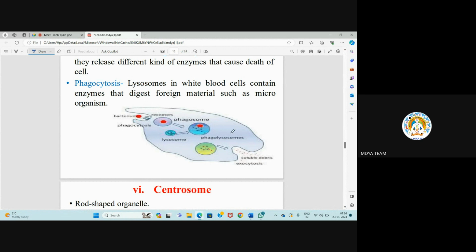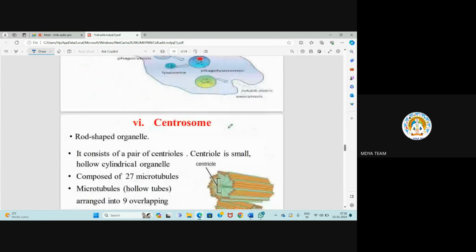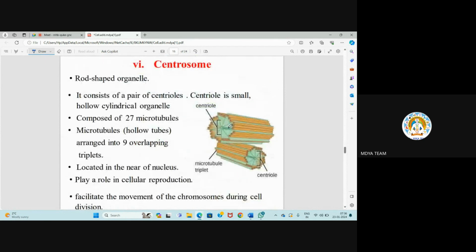So this is the process known as phagocytosis, and this happens inside white blood cells when foreign material comes in our body. Okay. Any doubt, any question, any confusion?